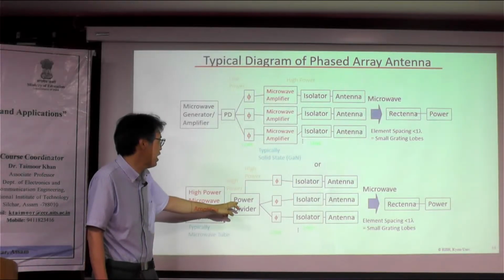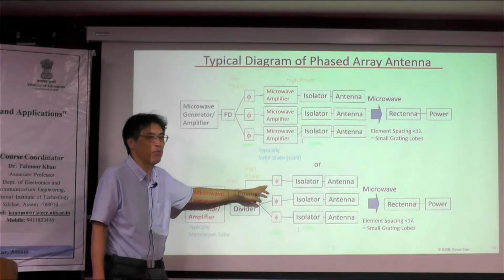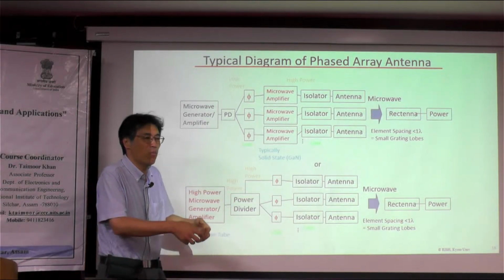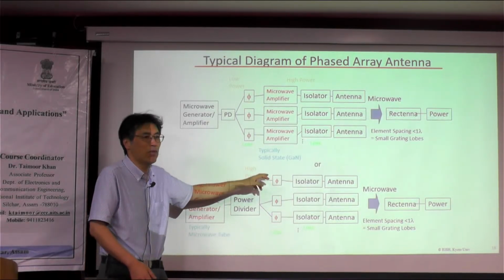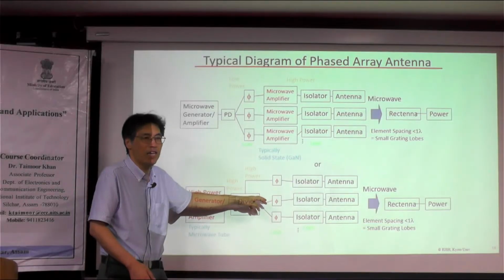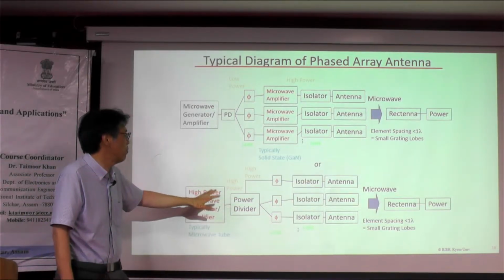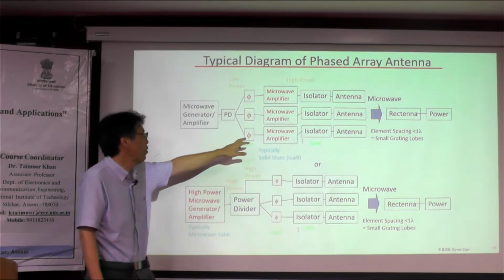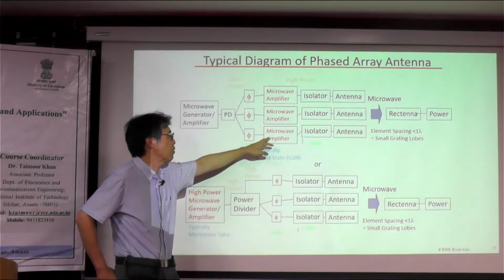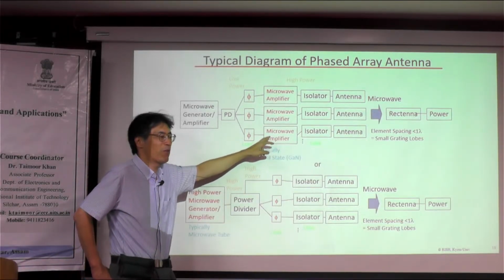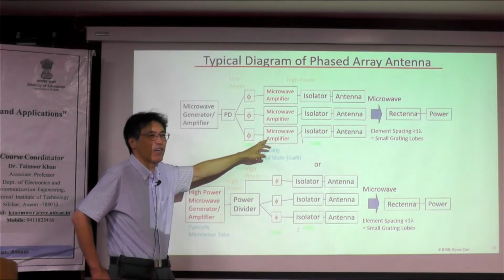But in this case, the phase shifter has to treat over 1 watt power, and the loss is very high. But this system is very cheap, because when we install a lot of microwave amplifiers, of course, we need some budget to develop the amplifier.